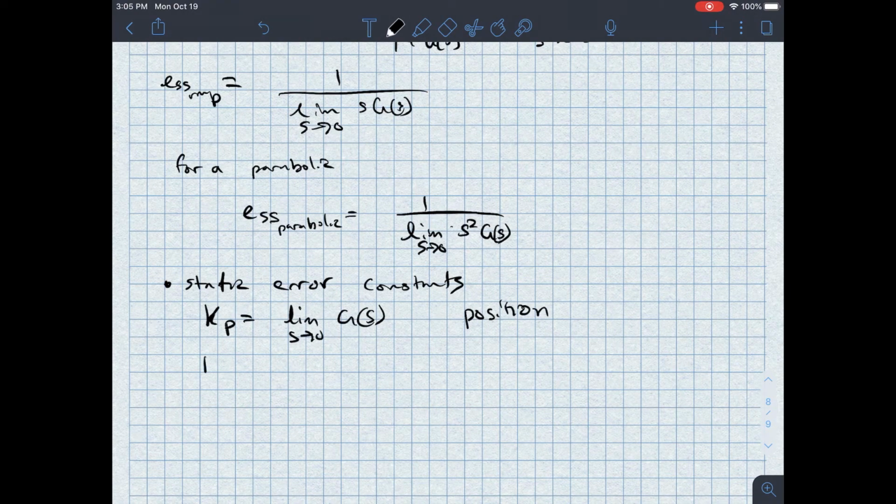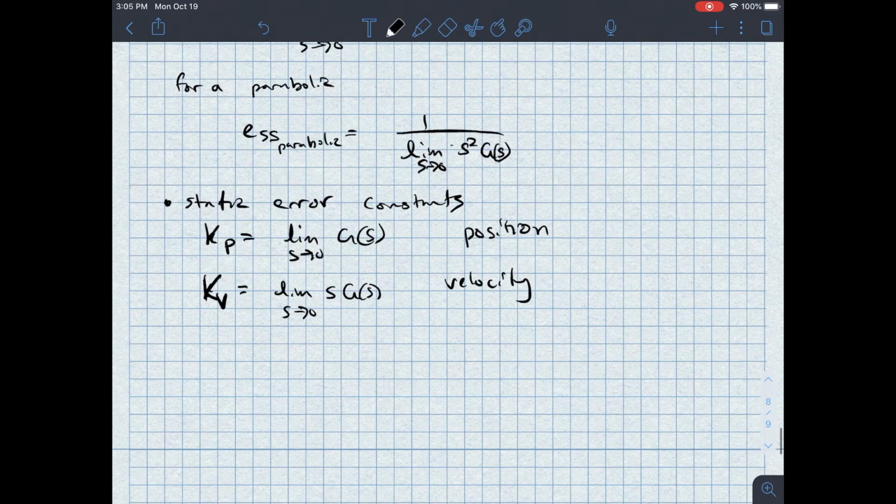We also have Kv, which is equal to the limit as s approaches 0 of s g of s. This is called the velocity error constant. And then we have Ka, which is the limit as s approaches 0 of s squared g of s, which is called the acceleration error constant.